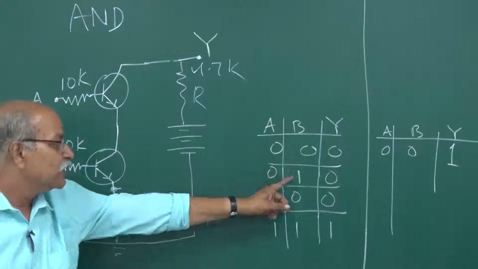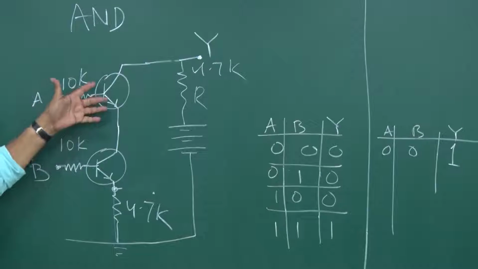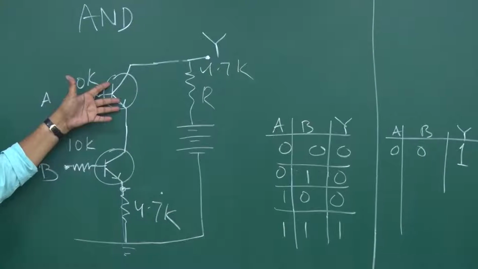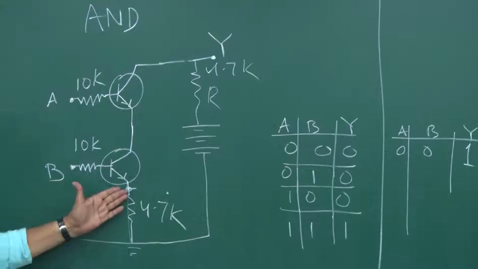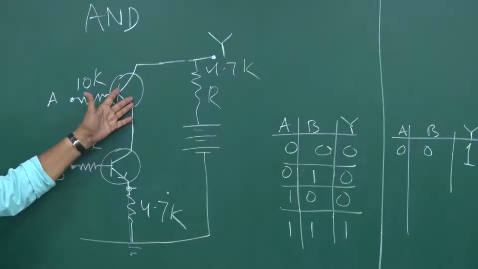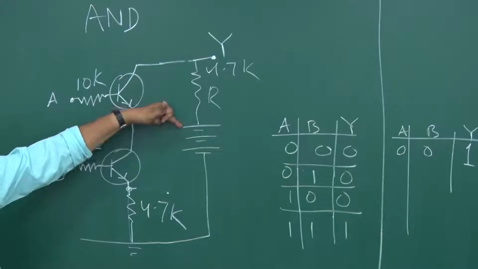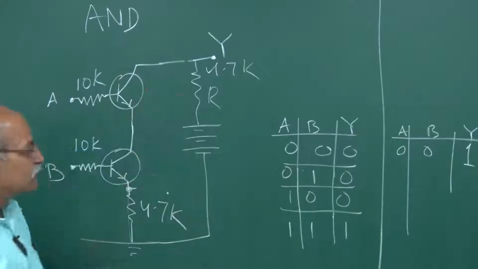What if A is 0 and B is 1? Once again, if this is 0, this is in cutoff region, it does not conduct, although this can conduct, but after all the current needs the full path. So no current here, and then again this potential appears here, and therefore this is 1.